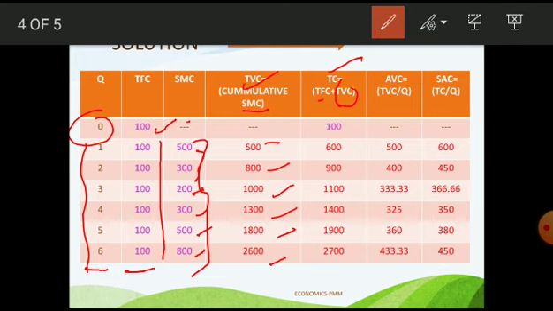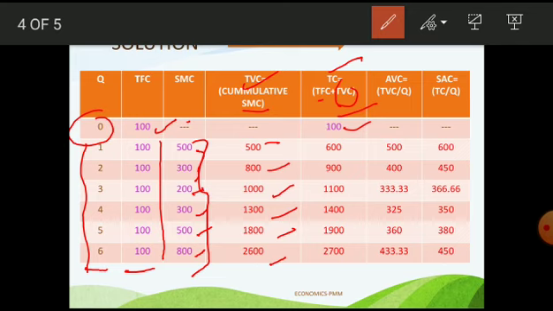Now once we get TVC, it becomes very easy for us to calculate total cost. What is the formula for total cost? Total fixed cost plus total variable cost. Now for quantity 0, the total cost remains the same, 100.